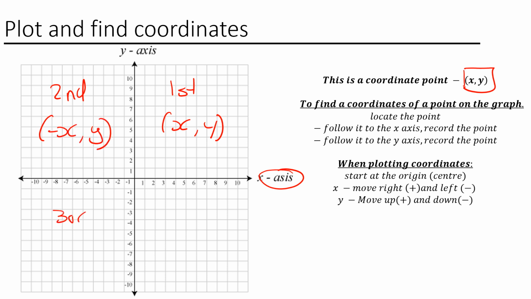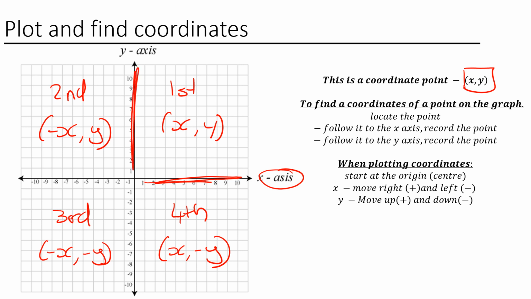And third quadrant, and that's going to be negative x, negative y, because our values are negative in that quadrant there. And then I've got the fourth quadrant, and that's going to be x, negative y. That's because x is positive on this side, y is positive there, x is negative, y is negative. Okay, so let's get rid of those for now.